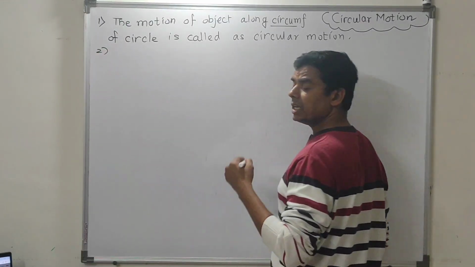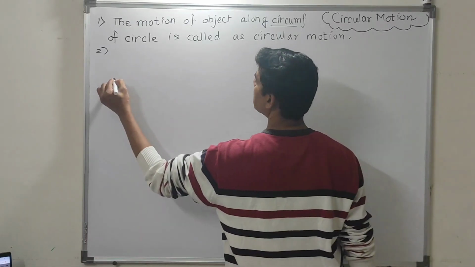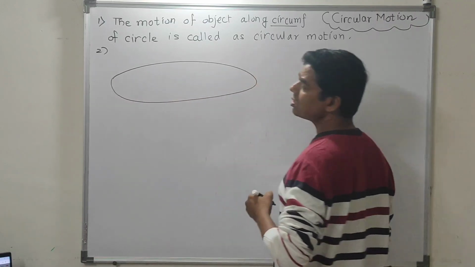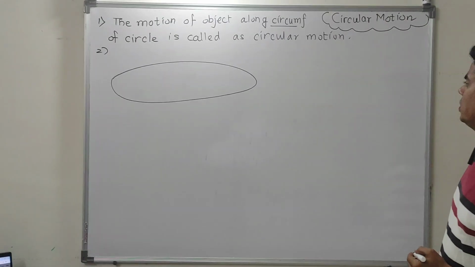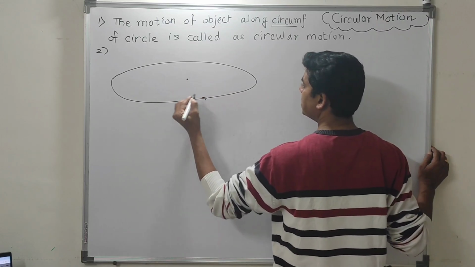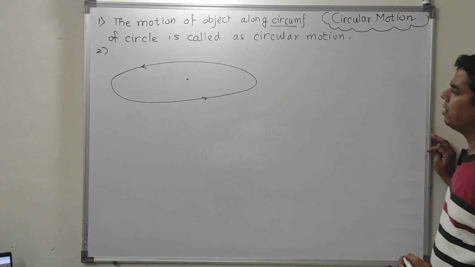Now, when an object is moving along the circumference of a circle, we have to consider some important terminology regarding circular motion. Suppose that an object is moving in the anti-clockwise direction along the circumference of a circle.